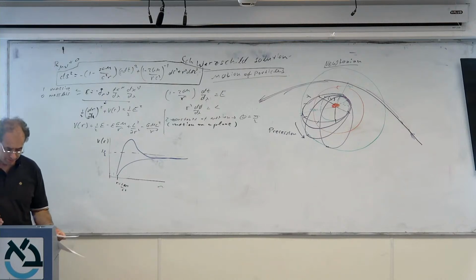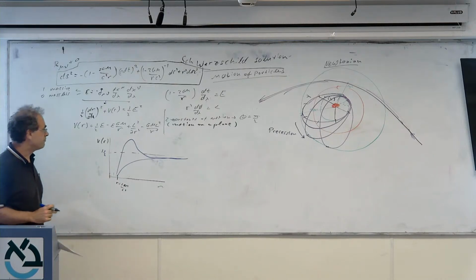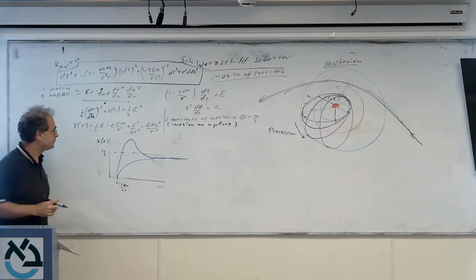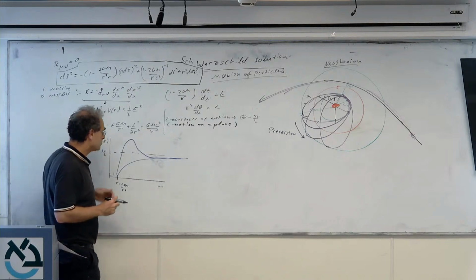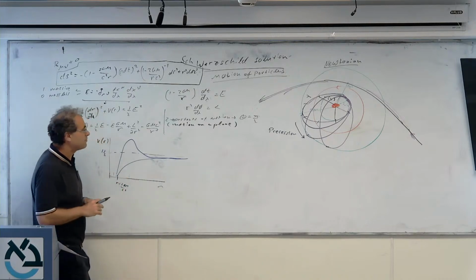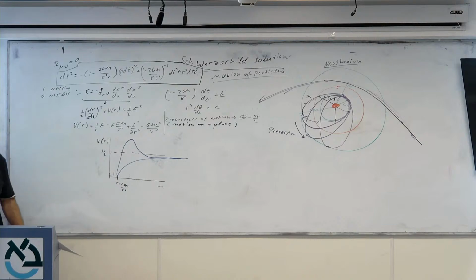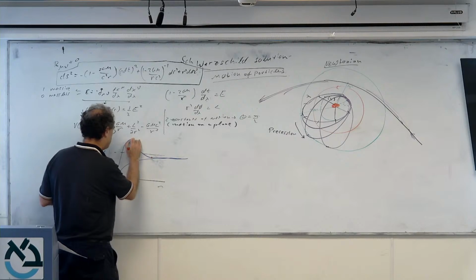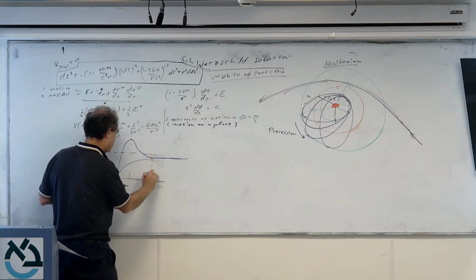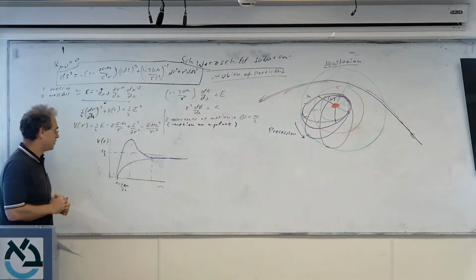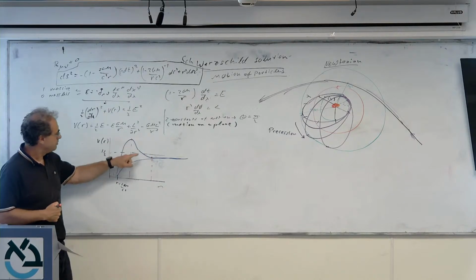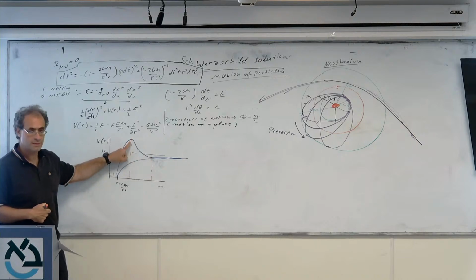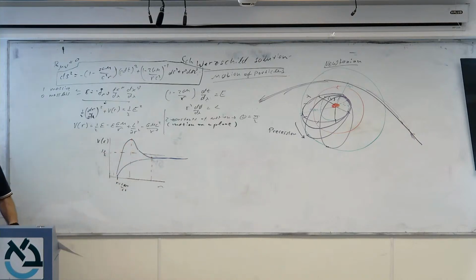Again, we have two types of bound orbits. One here. Of course, this one is stable and this one is unstable. We didn't have that before.